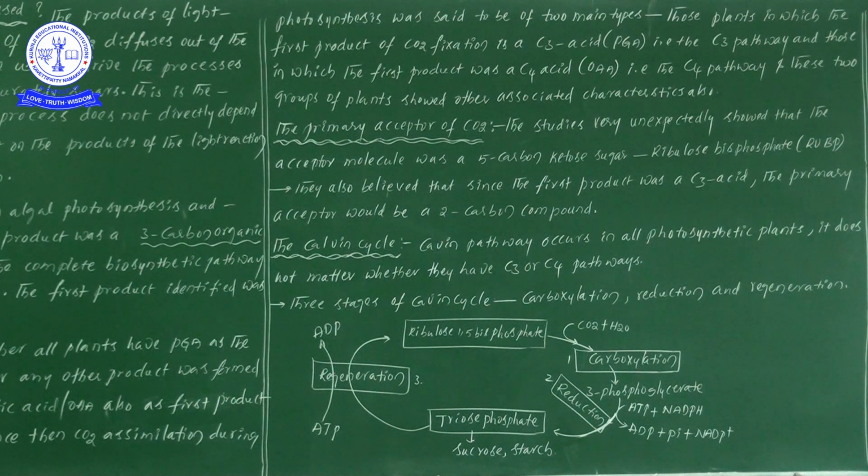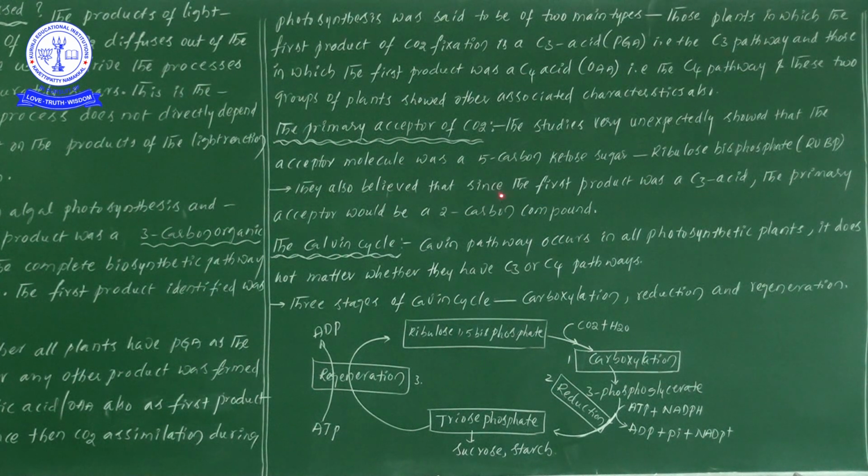So how does a 5-carbon compound lead to the formation of a 3-carbon compound? They continued their experiments, and finally found that definitely a 5-carbon compound is the carbon dioxide acceptor.